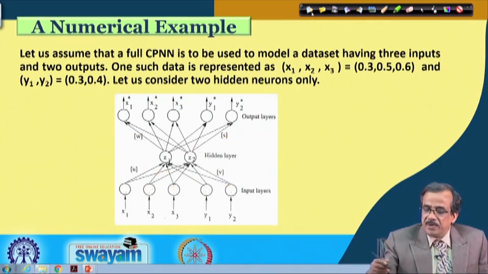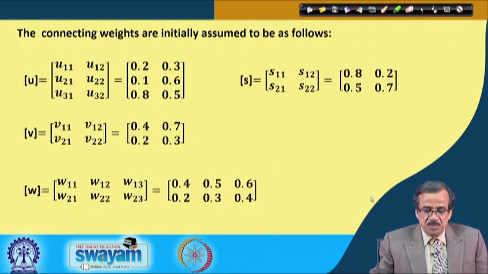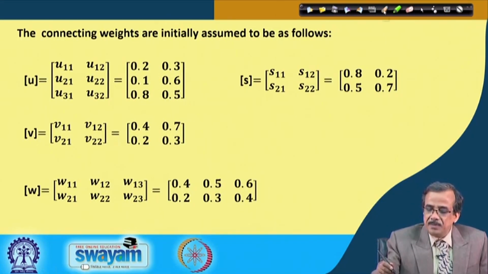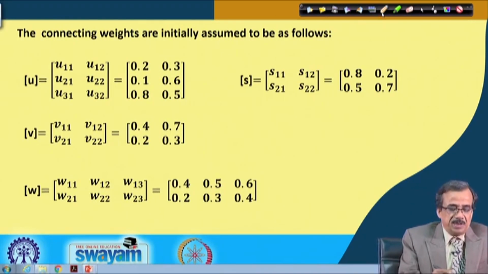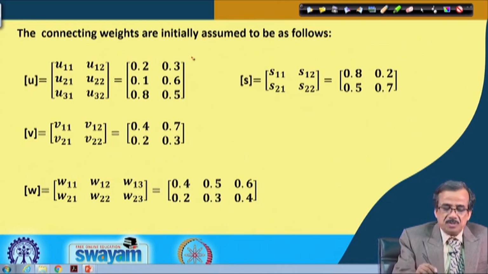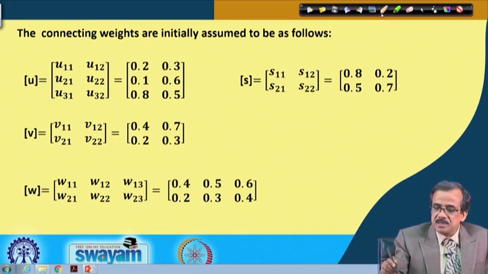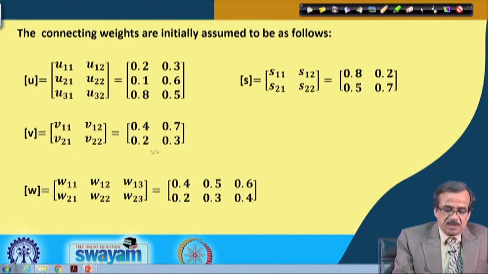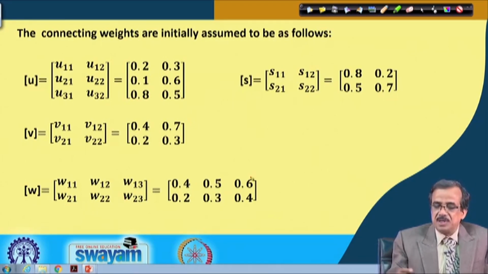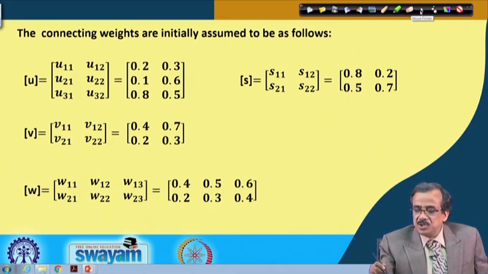Now, these numerical values of the connecting weights are assumed to be as follows. Here we have written all the initial connecting weights, like u11 is 0.2, u12 is 0.3 and so on. This is the way we can write down the numerical values for the connecting weights. Then V is this, then S is this, and the W connecting weight matrix is this.